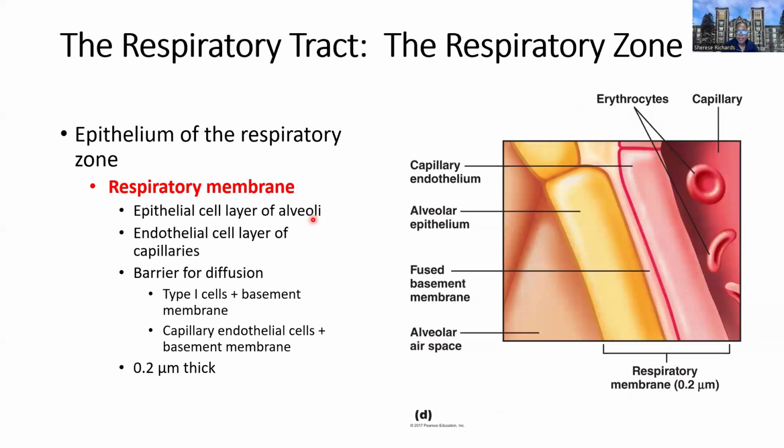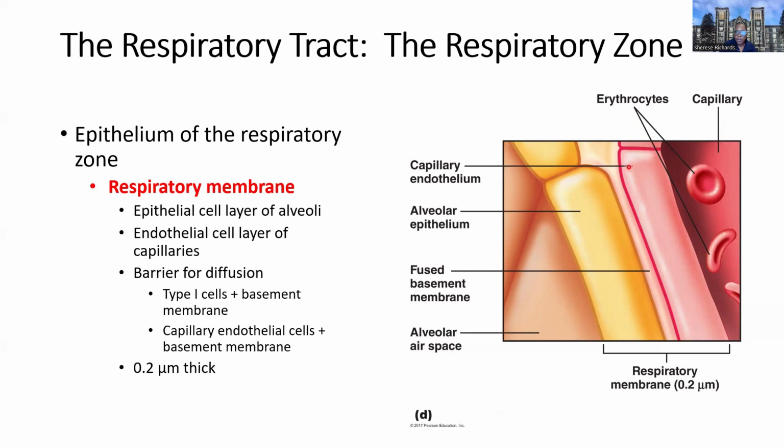Let's talk about the respiratory membrane. The respiratory membrane is the epithelia down at the level of the respiratory zone between the pulmonary capillaries out here and the alveolus and the alveolar epithelium. So it's basically three structures coming together. It's the epithelial cell of the alveolus, which is made of the type 1 alveolar cell.